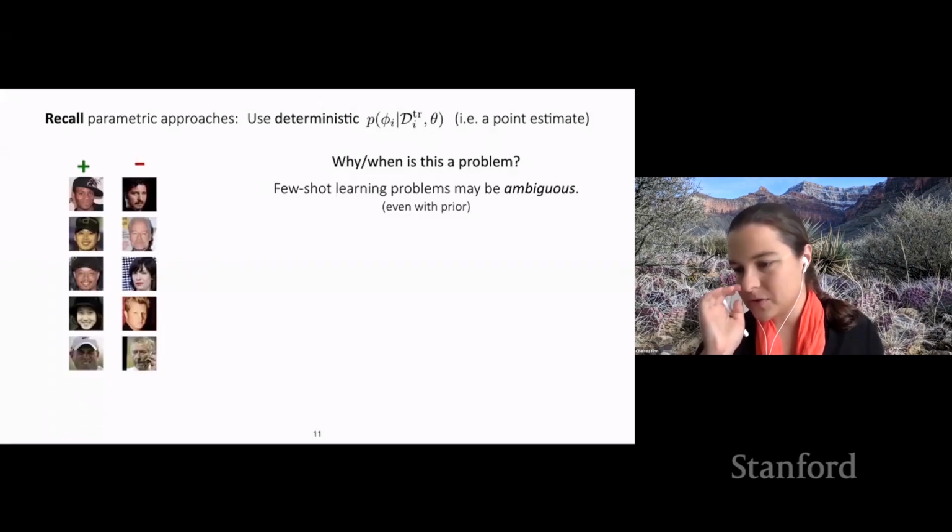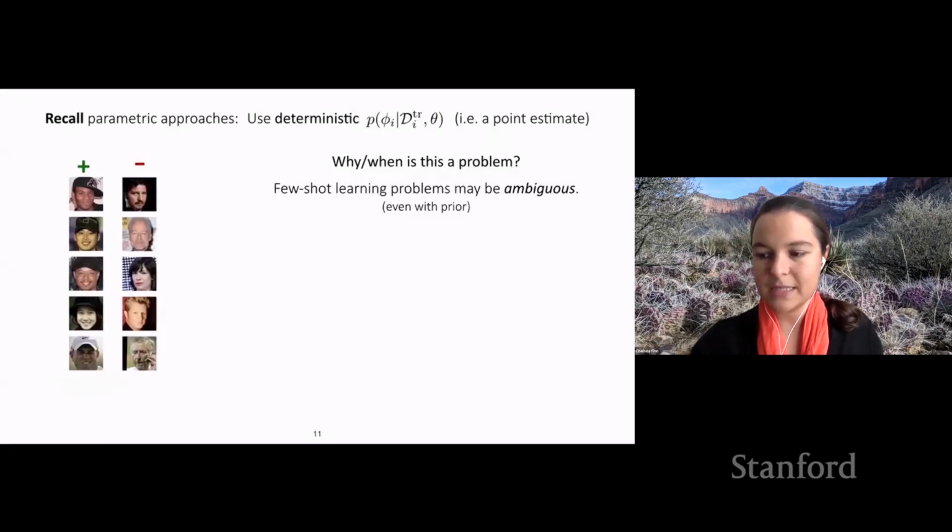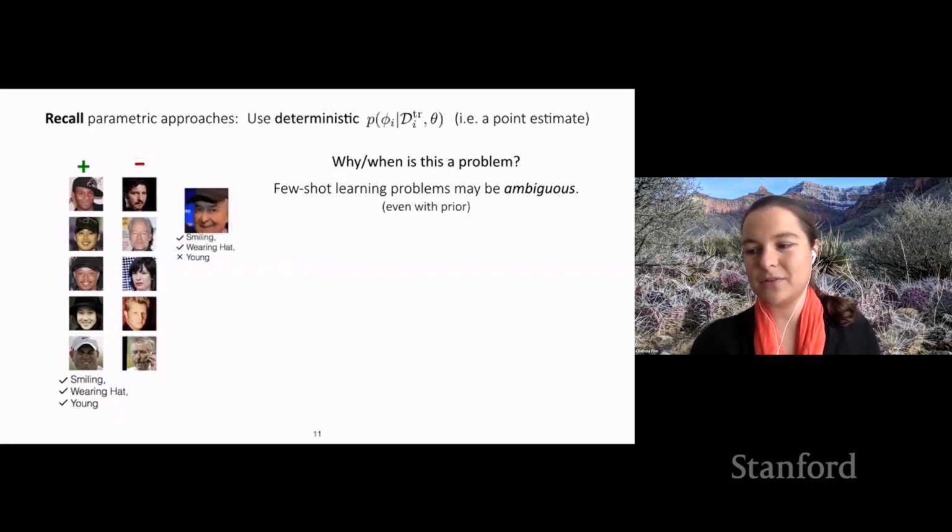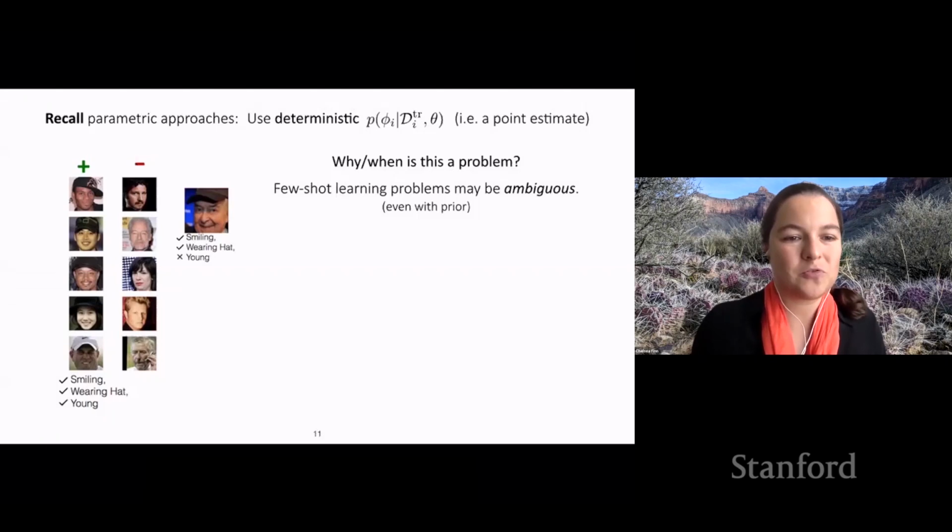So for example, maybe you're trying to learn a classifier between these images and these images. The challenge is that all the images on the left are people that are smiling, wearing a hat, and young, and all the people on the right are people who are not smiling, not wearing a hat, and not young. And so if you're given an example of someone who's smiling and wearing a hat but not young, it's ambiguous what the true answer is.